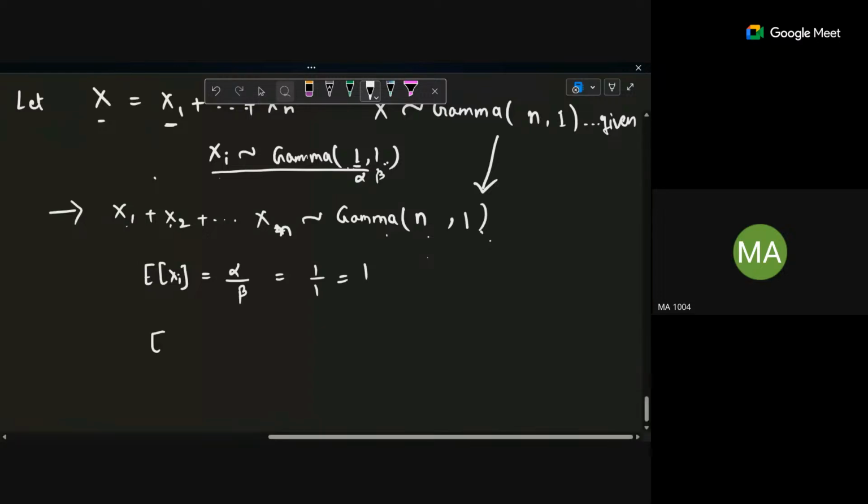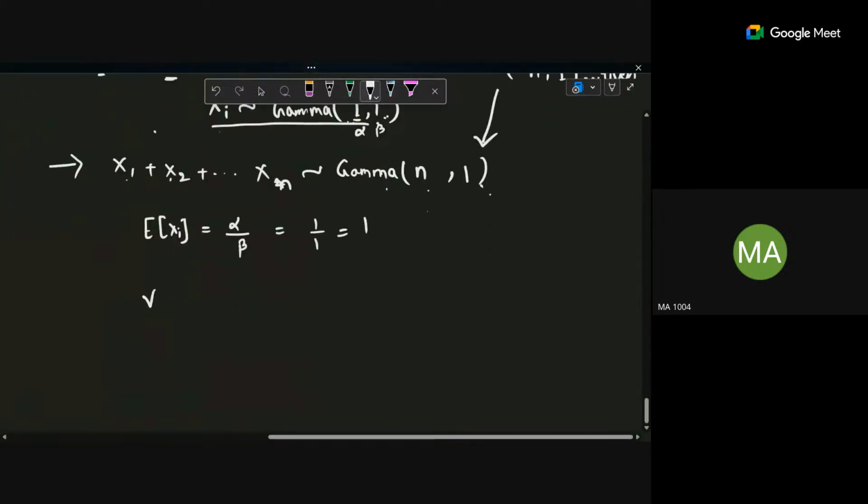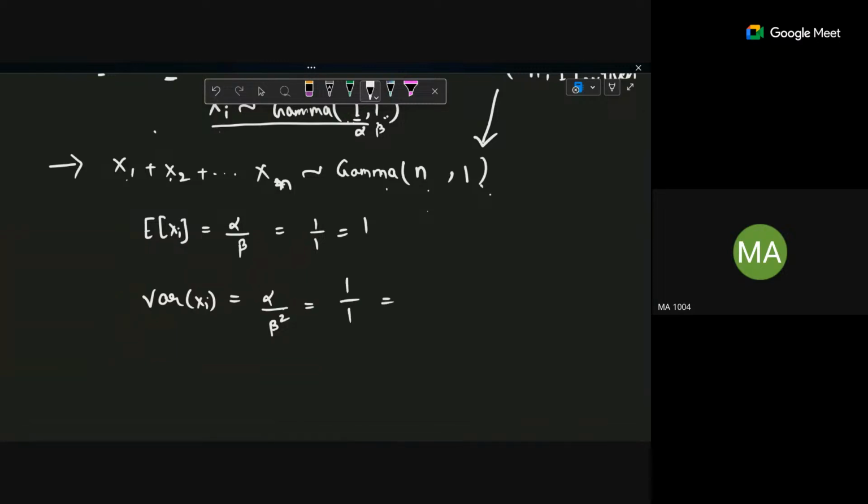And variance of xi will be alpha by beta square. So what is alpha there and what is beta there? 1, 1. So again 1. Fine. Is it okay till now? Yes, ma'am, expectation, this variance.